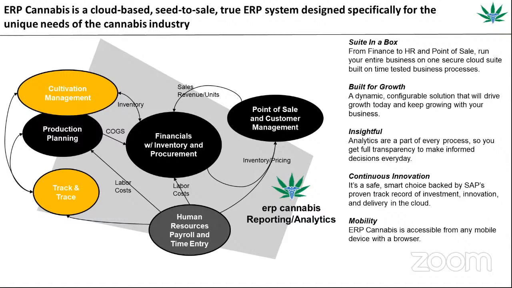Especially state by state or group of states, they have certain compliance requirements or compliance systems, and ERP Cannabis works with those systems digitally to help you comply with regulations and compliance requirements.